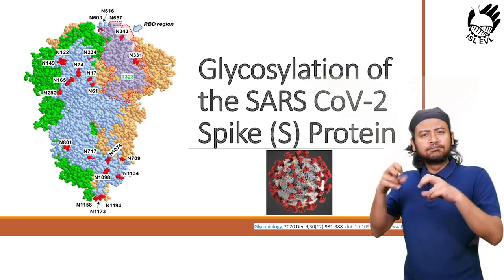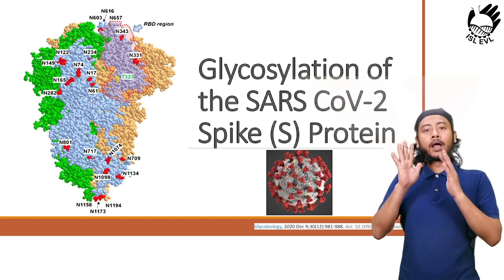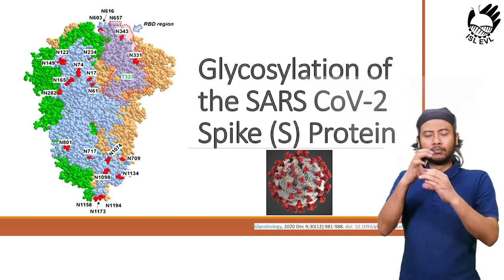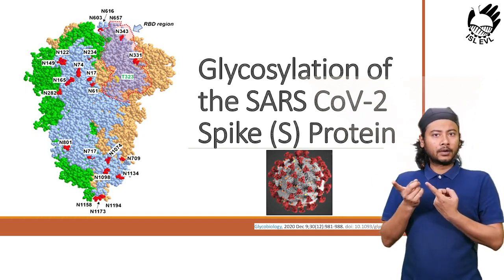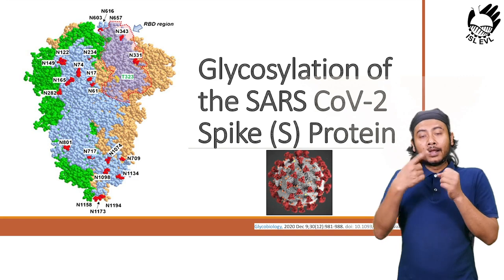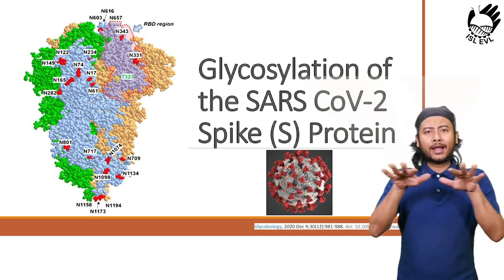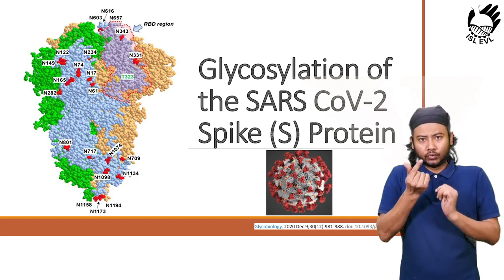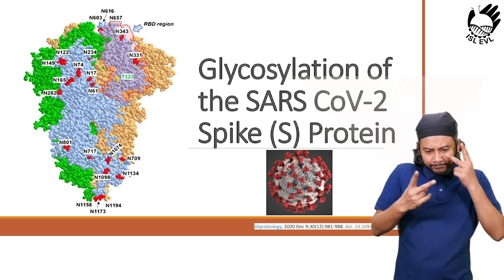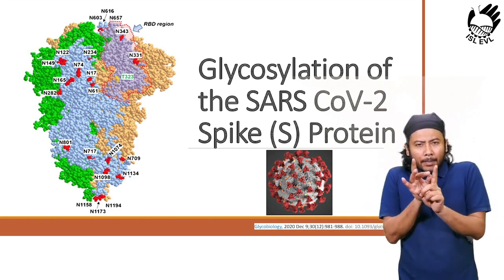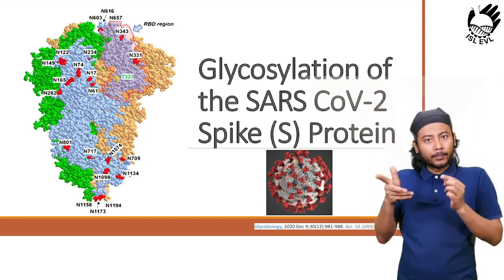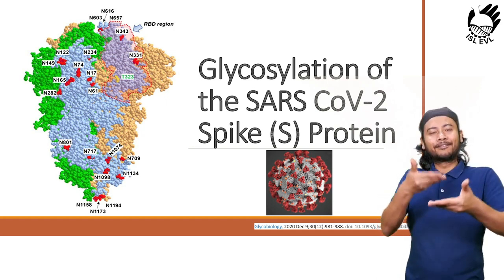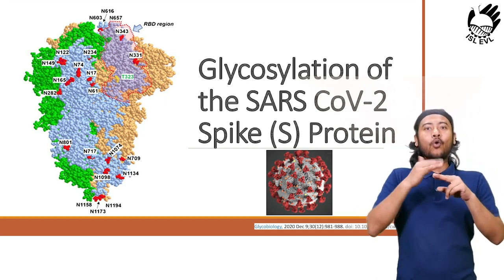Earlier, these protein structures were deduced by cryo-electron microscopy, and these glycans are studied in detail by mass spectrometry, particularly the glycoproteomics method. I'm discussing in more detail the procedure that we conducted for the glycoproteomics.